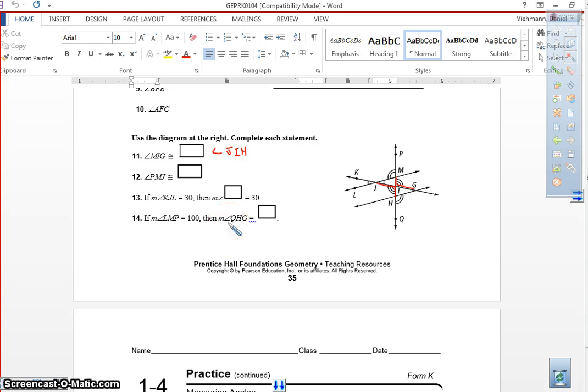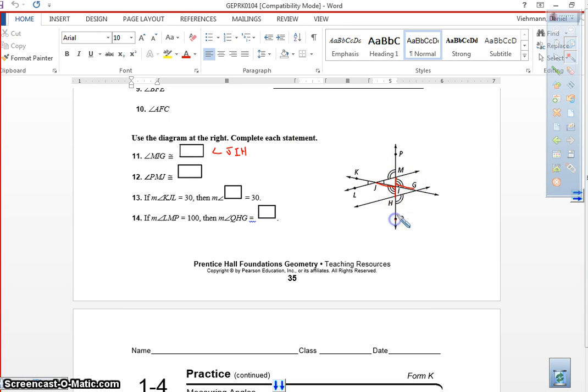Excuse me. Anybody have anything different besides JIH? Or rename it differently? You can say it out loud. HIJ? Okay. What'd you have, Nikki? As long as you name that angle I've highlighted right there, it doesn't matter.